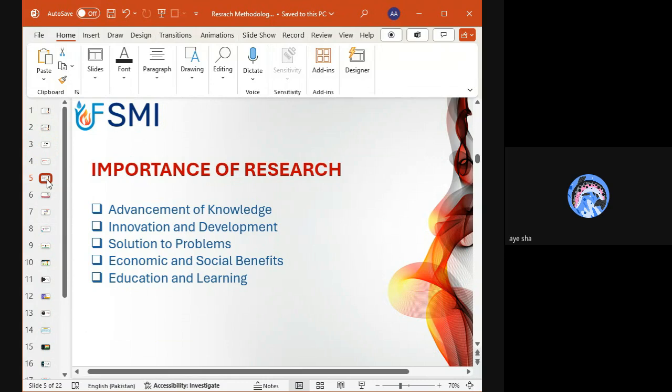So let me discuss some very essential aspects of research. Number 1, as you can see on your screen, is the advancement of knowledge. Research is done to extend our understanding of the world, of facts, of theories, or of any scientific development. The second is innovation and development.